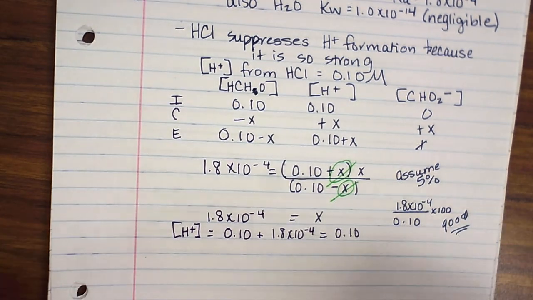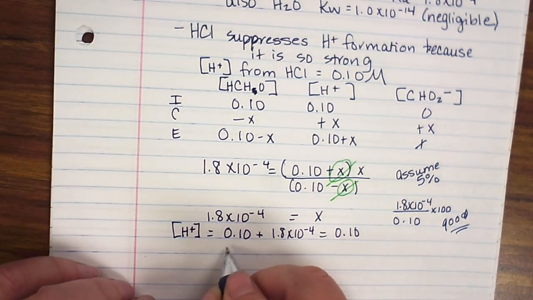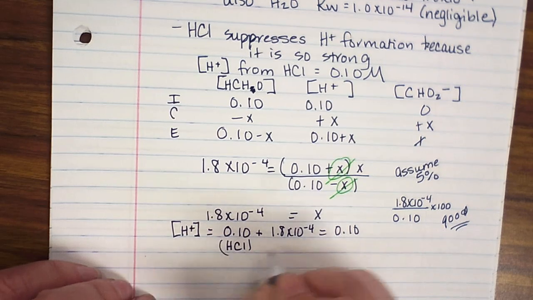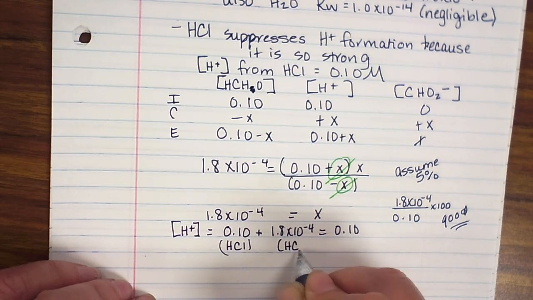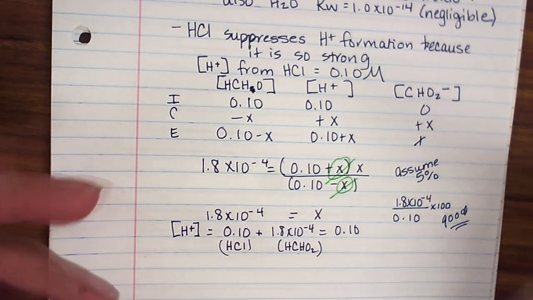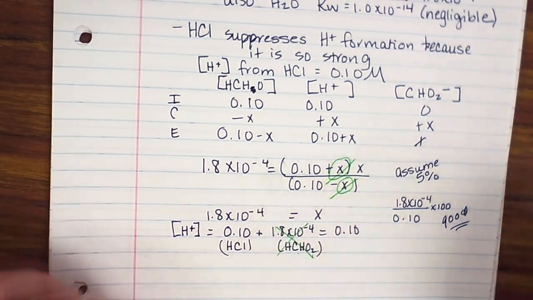So in other words, this is from the HCl, and this is from the formic acid. It's just not even statistically significant because the hydrochloric acid is so strong that what comes from the formic acid just is not even relevant, right? So we don't even have to count it.